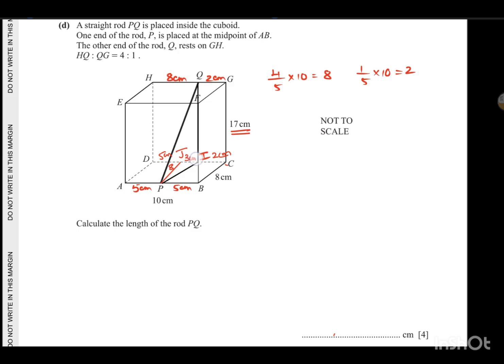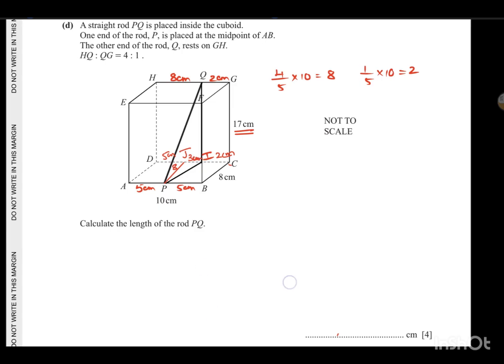3 centimeters. So this line PI will be square root of 8 square plus 3 square. Then after you get this, we'll find out the length of PQ using the triangle PQI.